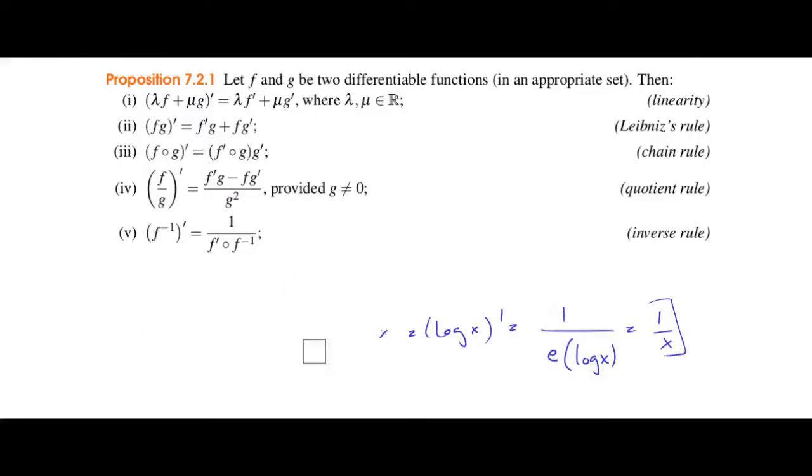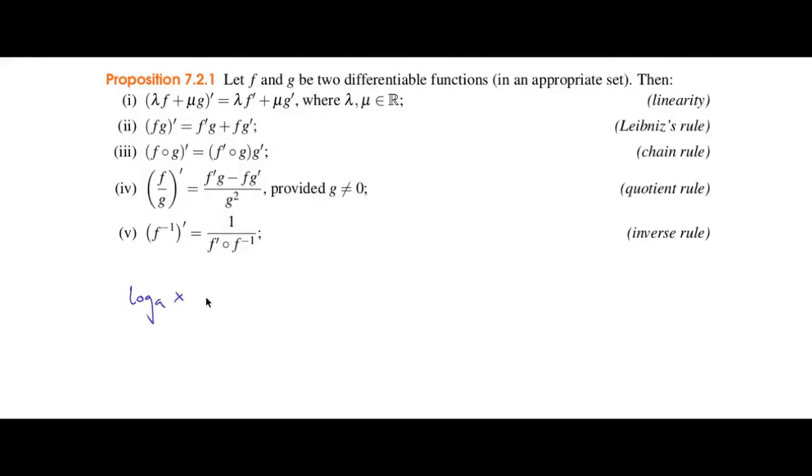Instead of the natural logarithm, we could consider the logarithm in base a, which is the inverse of our function f, a to the x. So what's the derivative of this function?